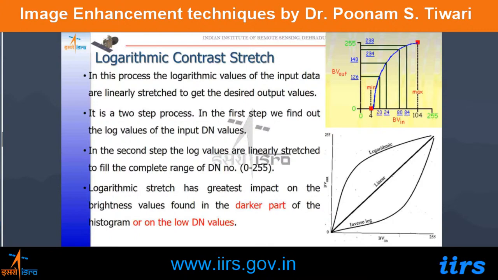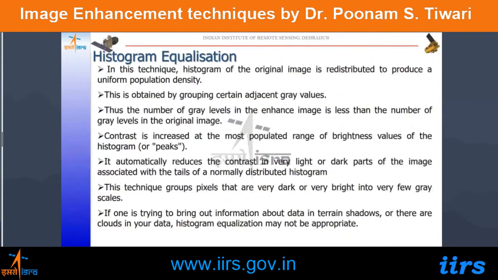Now, another very important method of nonlinear contrast enhancement is histogram equalization. In histogram equalization, the histogram of the original image is redistributed to produce a uniform population density. This is obtained by grouping certain adjacent gray values.